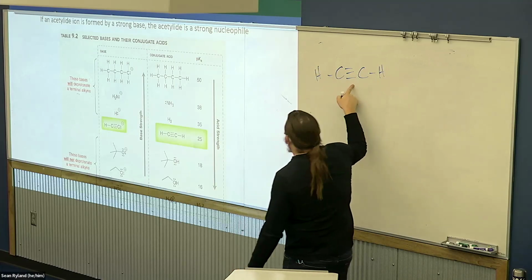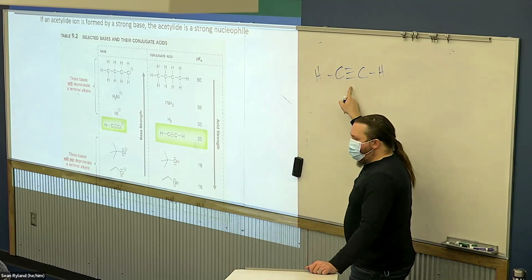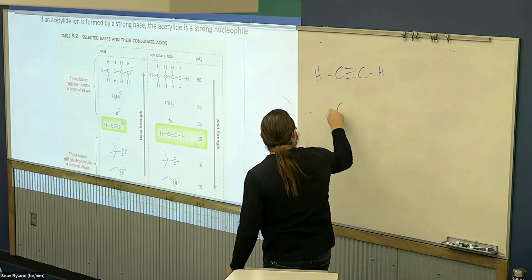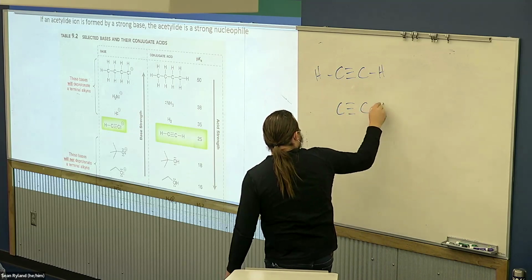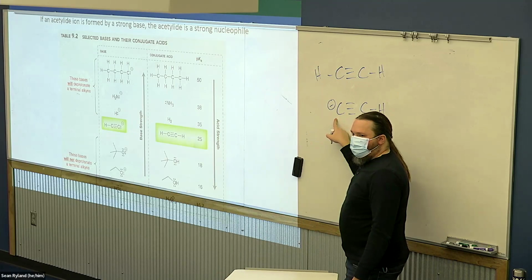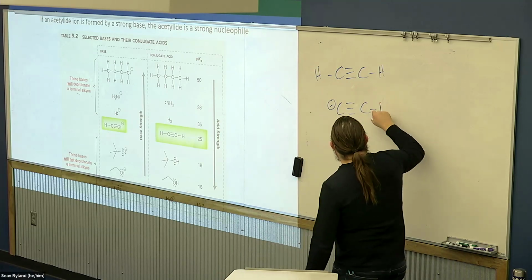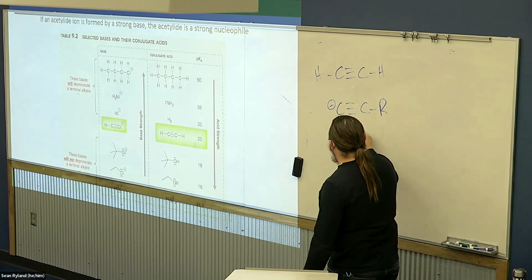The IUPAC name for this would be ethyne, but the common name for it is acetylene. You deprotonate acetylene, that's an acetylide ion. Technically, if this other one is an R group, it's alkynide.